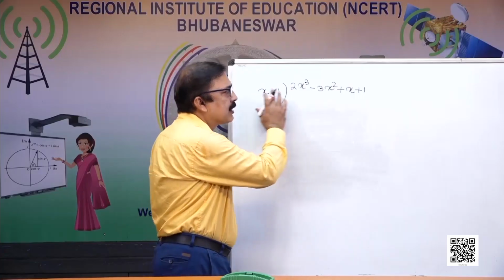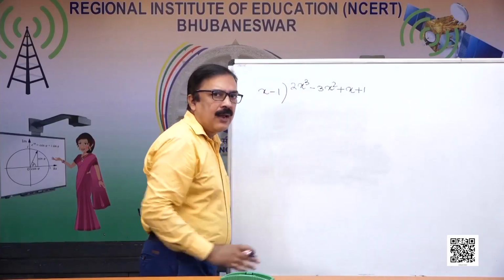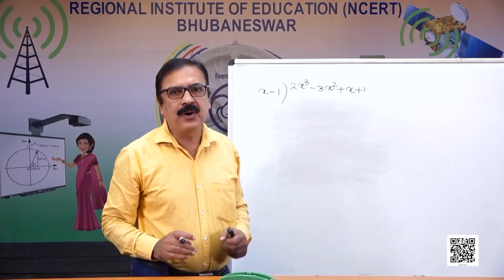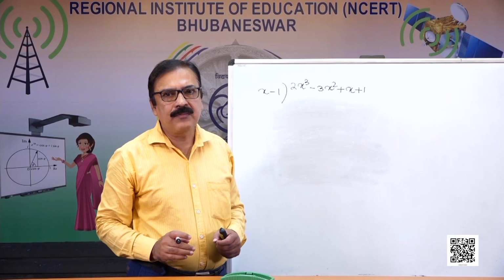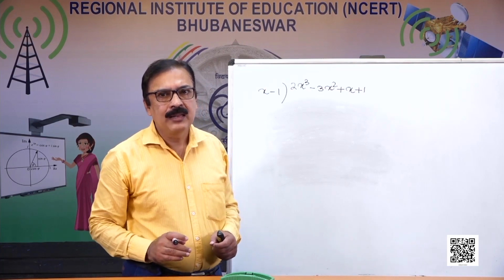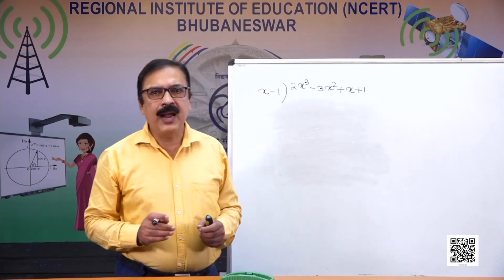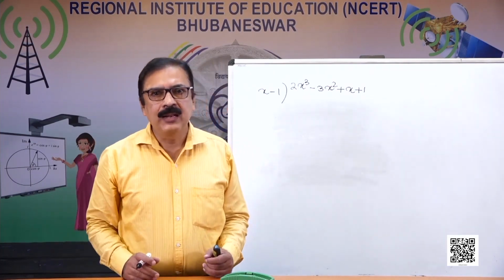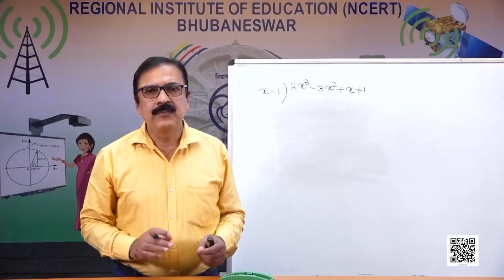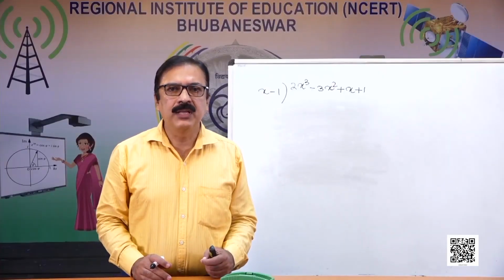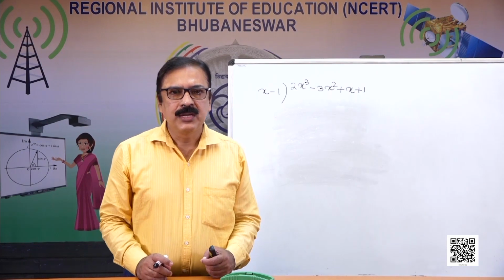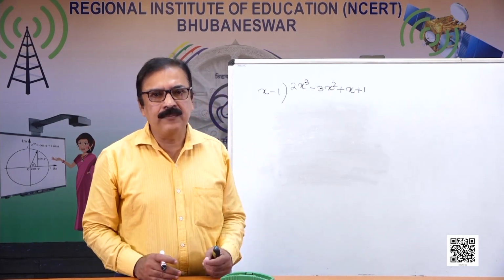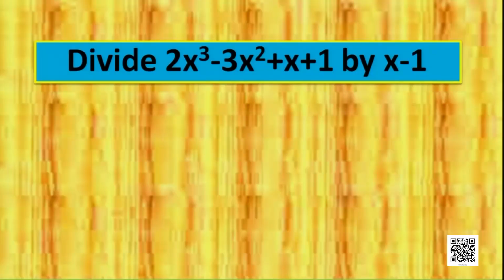Whenever a polynomial is given, first of all, we have to write them in standard form. What is standard form of writing a polynomial? Standard form is to write the polynomial in descending order of the exponent of the variables. Here it is already in standard form, so we can start.